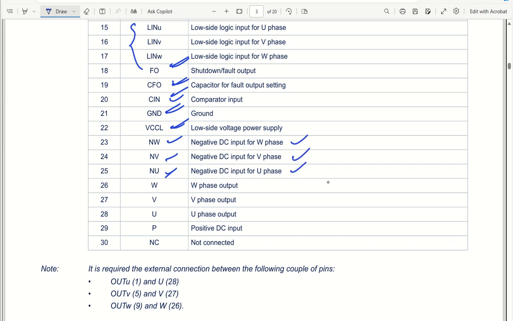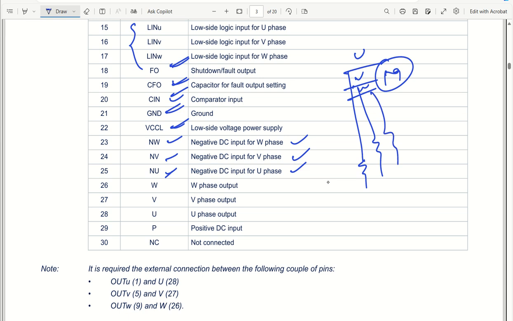Basically, this is the motor that is there, and it is going to get connected with U, V and W, and they will get connected through the shunt resistors. This will get connected to NU, this will get connected to NV, and this will get connected to NW. So this is how it will work.